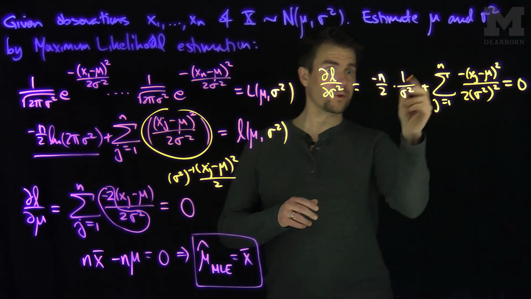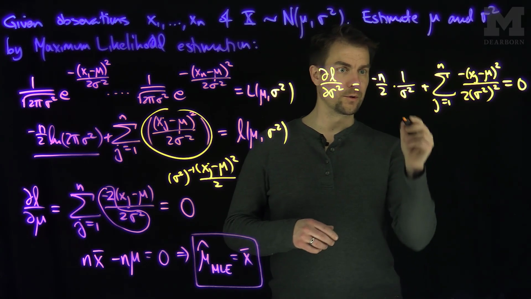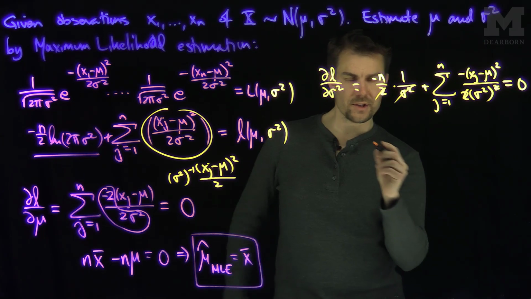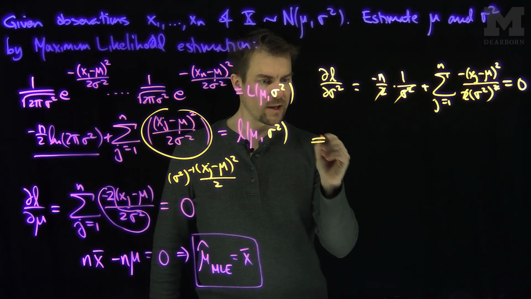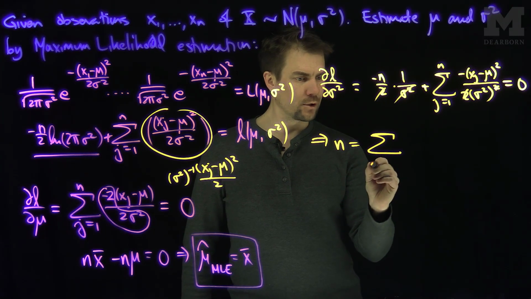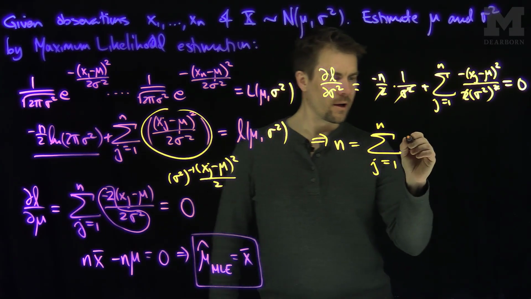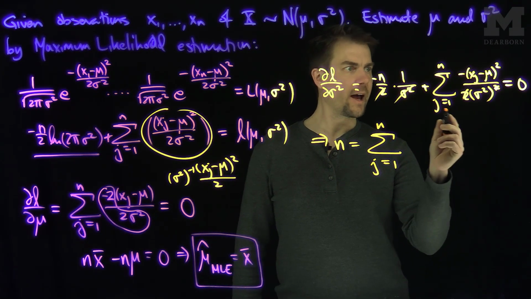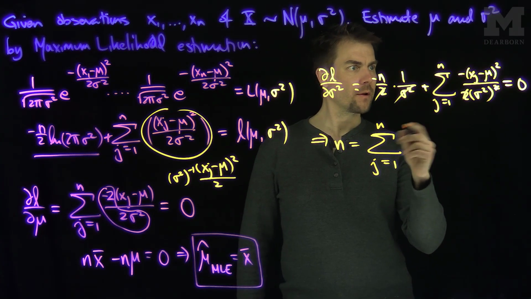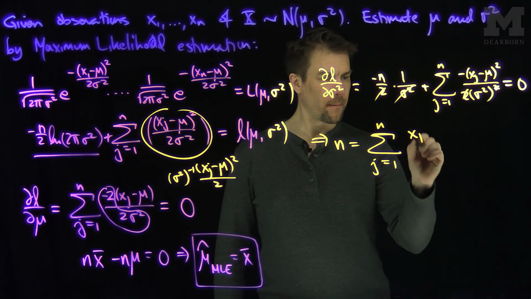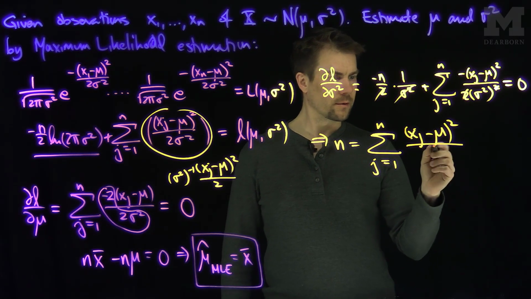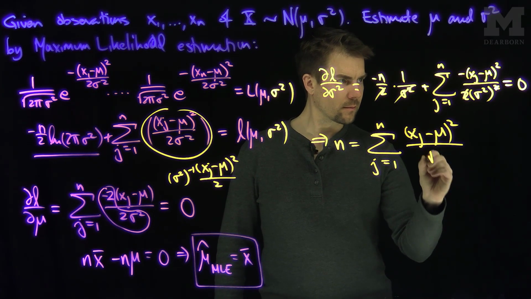Now, one of the sigma squareds is going to cancel out, and the 2 will cancel out too. I'll throw the n on the other side. So this tells me that n is equal to the sum, j goes from 1 to n, of xj minus mu squared over sigma squared.